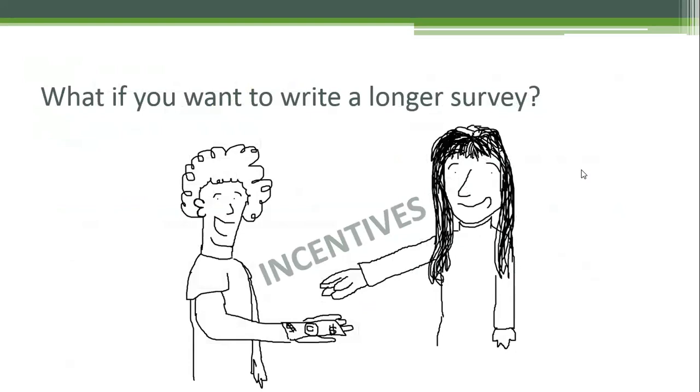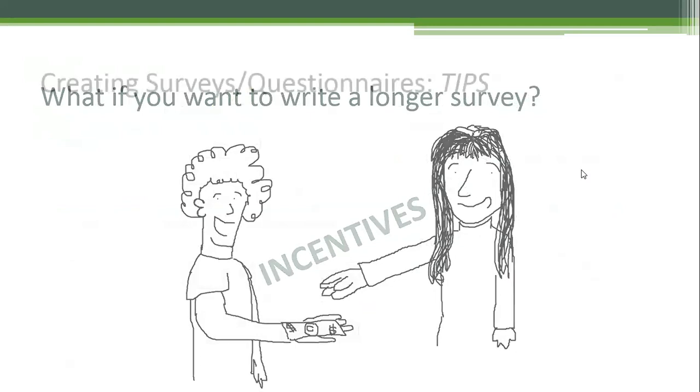So in order to do that, we provide incentives to the recipients, whether it's a gift card or whatever. Incentives are a good way for people to stay longer. It's making it worth their time. Without incentives, it's hard to have longer surveys or to really get people to focus and put the time in.